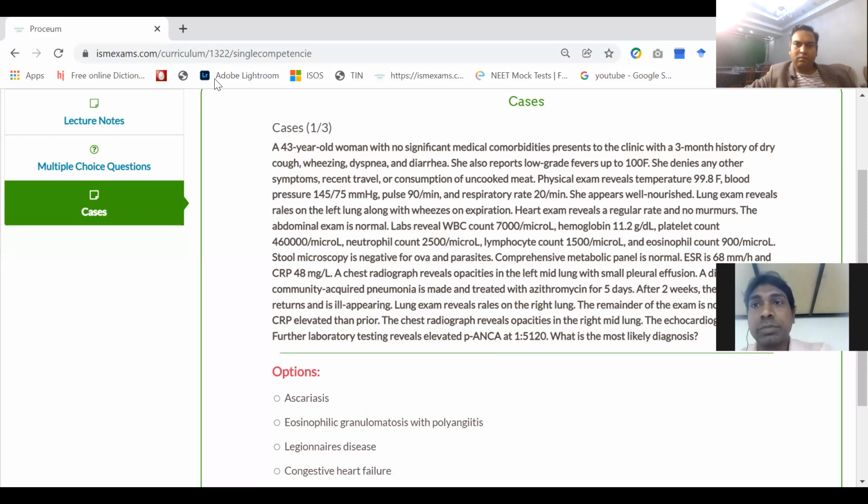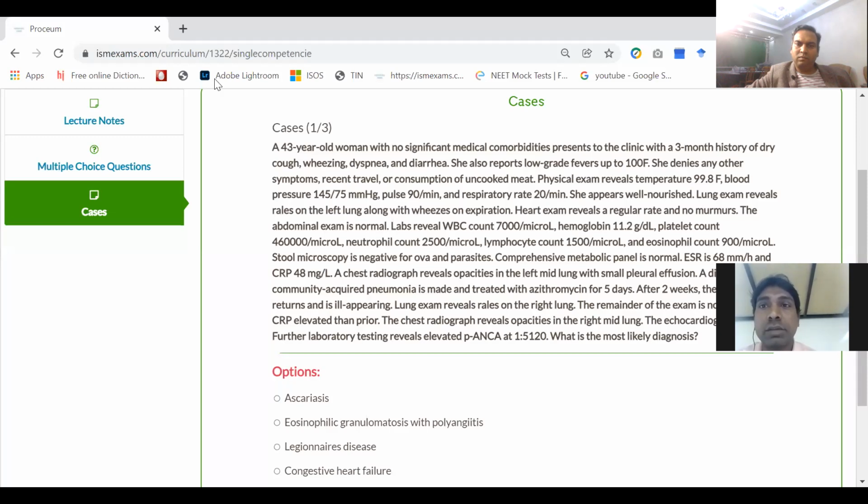She appears well nourished. Lung exam reveals rales on the left lung along with wheezes on expiration. Heart exam reveals a regular rate and no murmurs. The abdominal exam is normal.